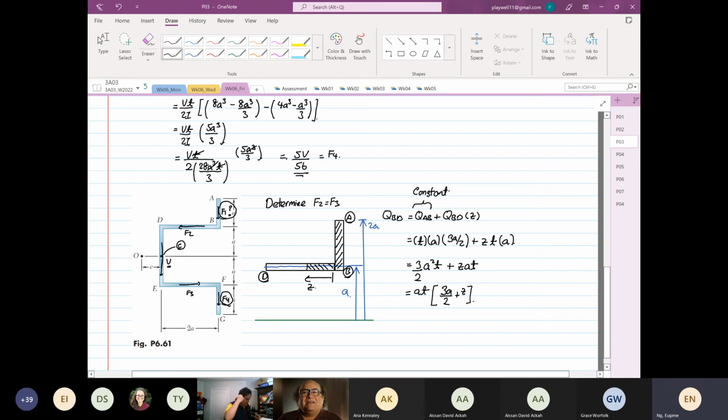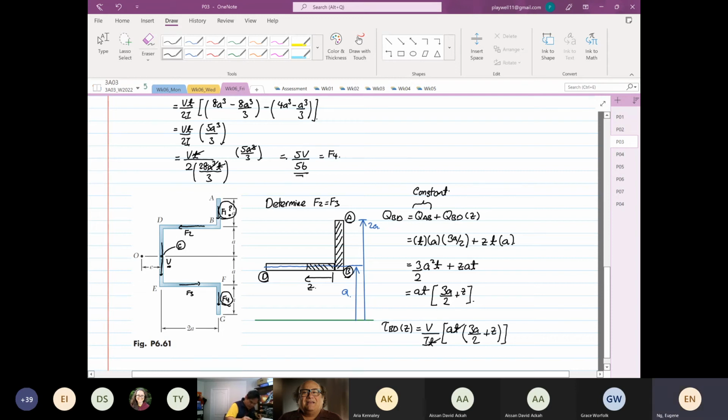So like before, we found our first moment of area. Then we substitute to find our shear. Okay, shear BD as a function of Z. So it's equal to V over IT multiplied by AT, 3A over 2 plus Z. Okay.